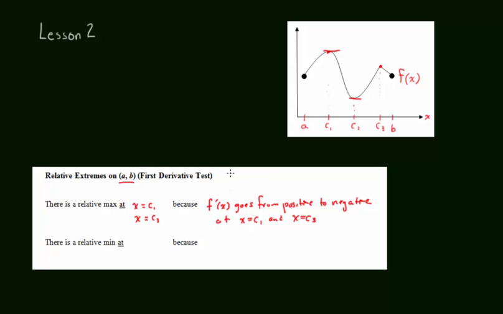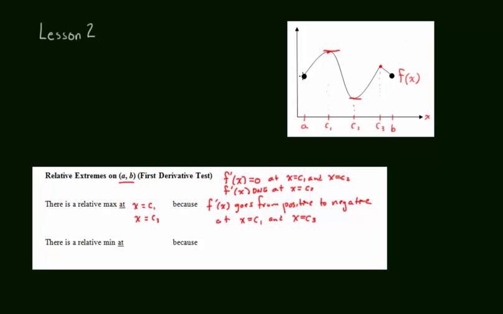So we might want to say up here that f prime of x equals 0 at x equals C1 and x equals C2, that's horizontal tangents, and f prime of x does not exist at x equals C3. We have a corner.